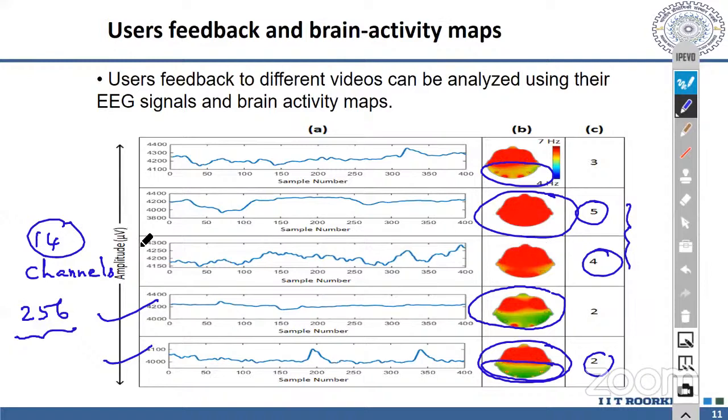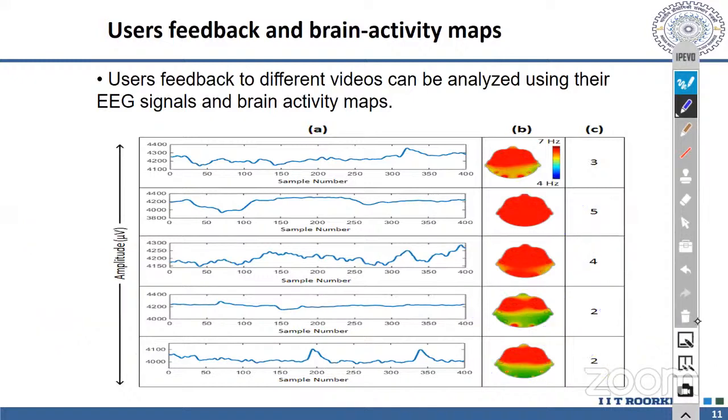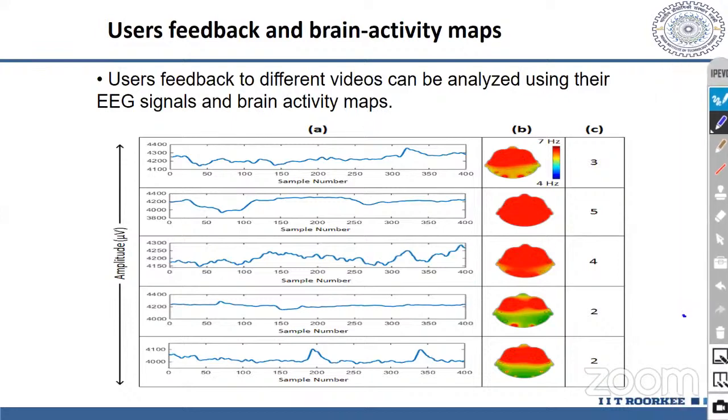In a similar way, in the EEG signal, these are all better, so I can use them for further processing. When you increase the number of electrodes, the signal will be really good, and you can do further processing.